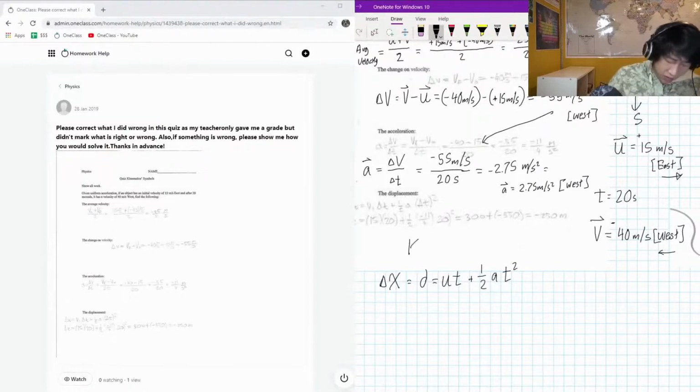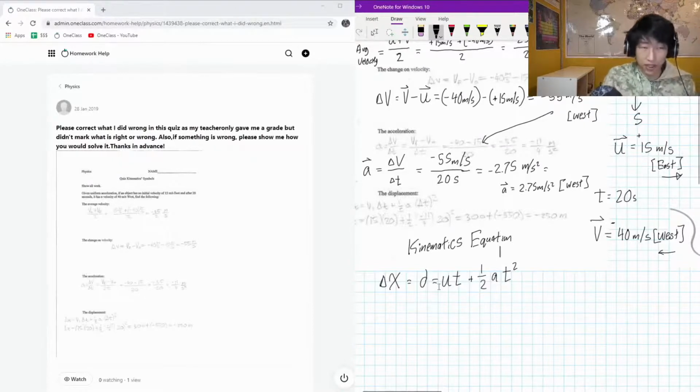Okay, so this comes from the kinematics equation. To solve for d, d is already isolated, so we just have to sub in our numbers, and then we can be very happy that we found the displacement.